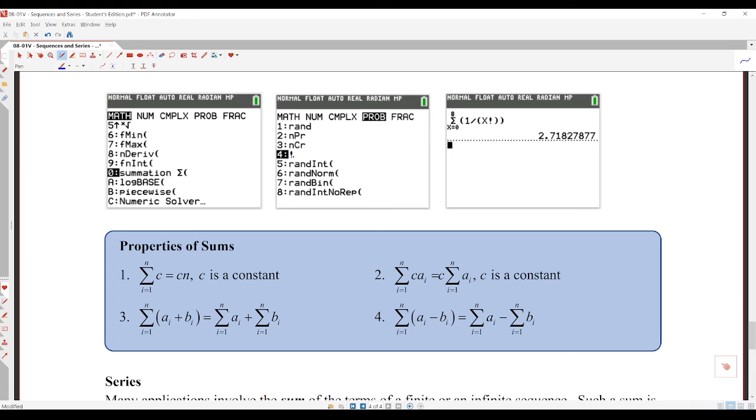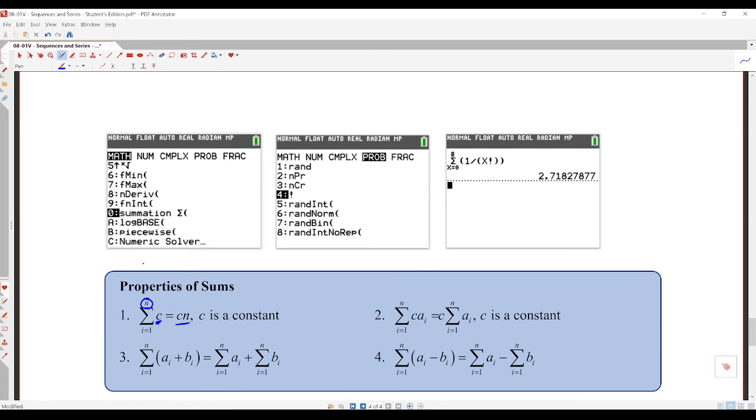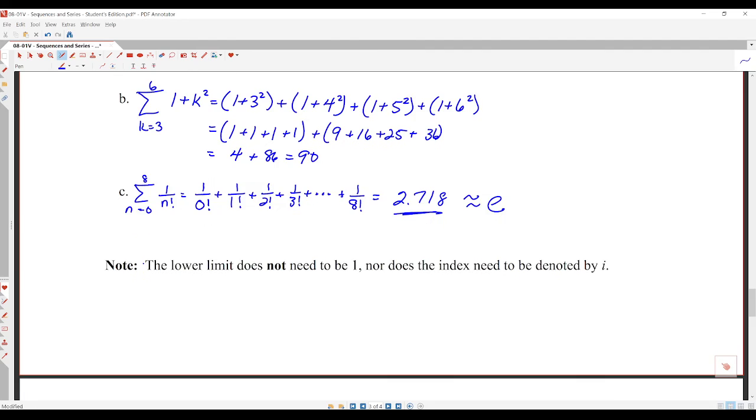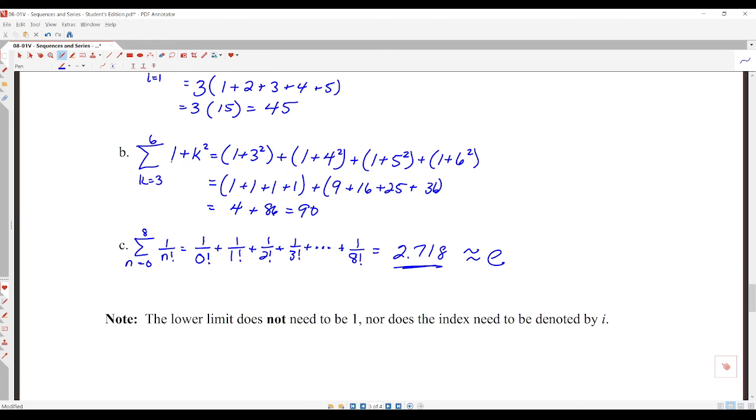Now, properties of sums. First of all, the sum of a constant, c is a constant, is just however many terms you have times that constant. And we saw that back in example B up here. Notice this is part of a sum. We'll talk about that in just a minute. But we had a 1, which was just a constant, and we ended up with 4 1s, which if we count from 3, 4, 5, 6, we have 4.